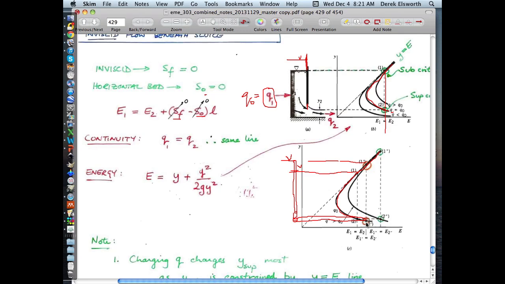So the other thing we could do is we could also try, instead of messing around with the gate, we could start off with the gate exactly where it was before, and we could just put the height of water upstream higher. And if we did that, we'd expect that the flow rate out of the bottom would be larger. Right? So we start off with the gate as we had in the first place up here.